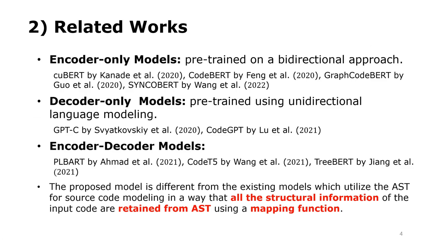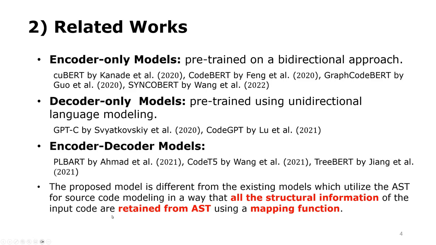When you see the related models, there are three groups of source code models. Encoder-only models contain CuBERT, CodeBERT, GraphCodeBERT, and SYNCOBERT. Also the decoder-only models, which have GPT-like models, GPT-C and CodeGPT. And we also have encoder-decoder models, basically represented by PLBART, T5, and in later publications, T5 plus also.